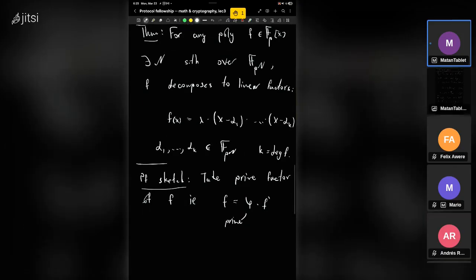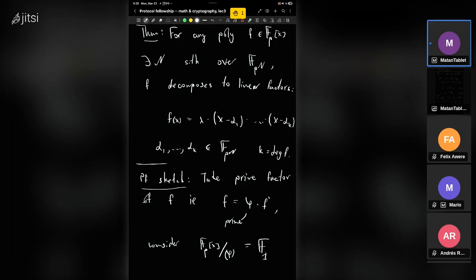Now you do the trick that we did. So you consider F_p[x] modulo this prime polynomial phi. And this is your new field F1.